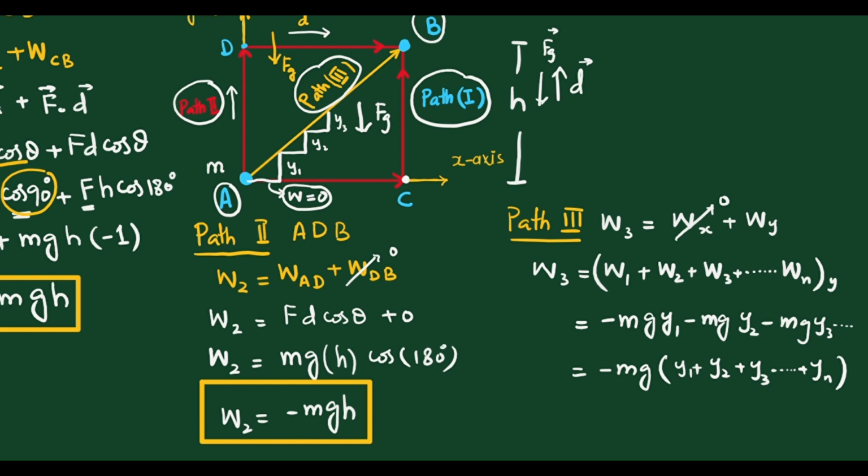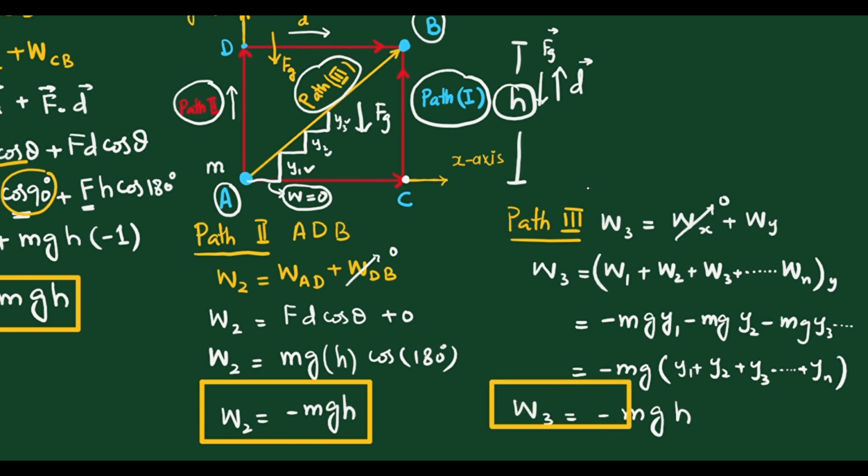If we add up all these displacements along the y components, they will become the height h, and the work done W3 is equal to minus mgh, which is also equal to the work done W1 or W2, the work done along path 1 and path 2.